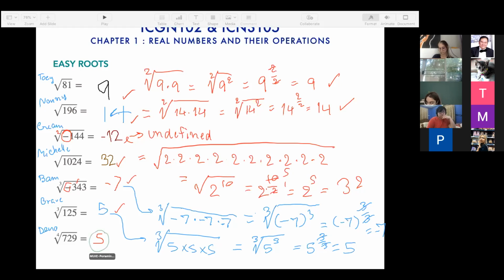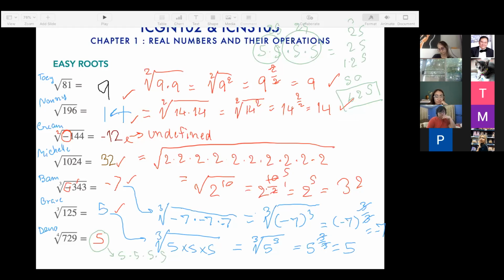If you multiply 5 four times, what do you get? 5 times 5 times 5 times 5. 5 times 5 is 25, 25 times 25 is that you get 625, it's still not the correct one.